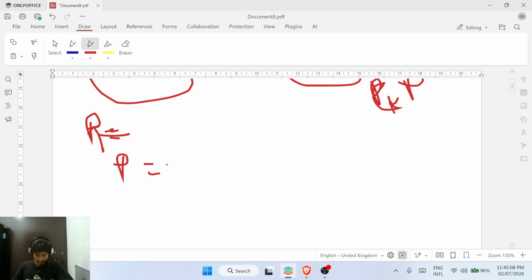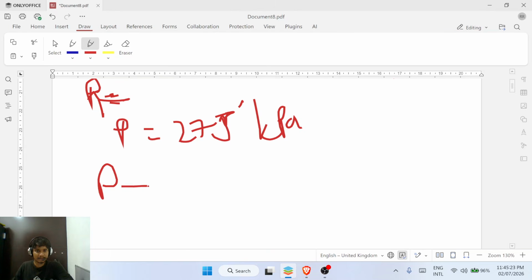P is equal to 275 kilopascal, that is 275 Newton meter minus 2.